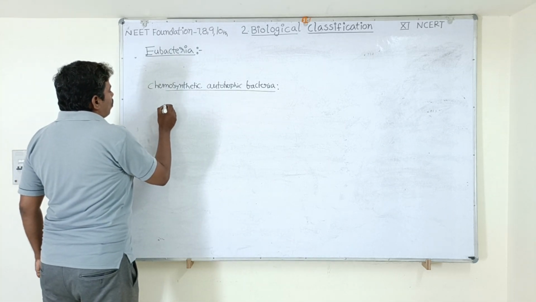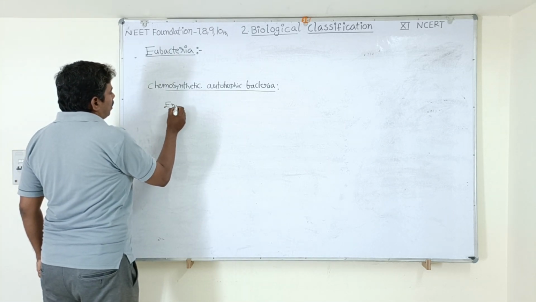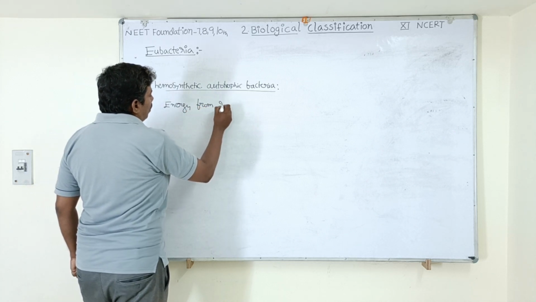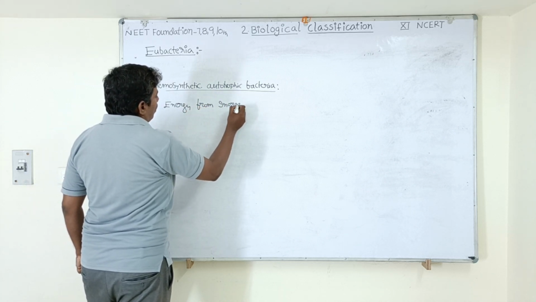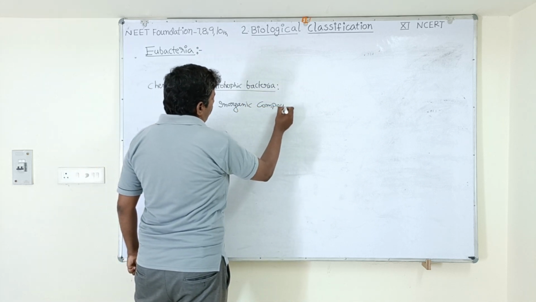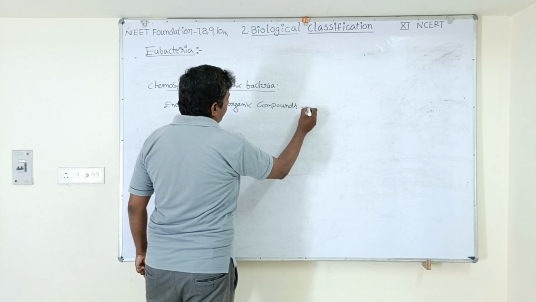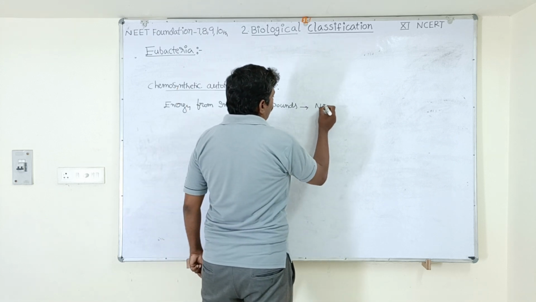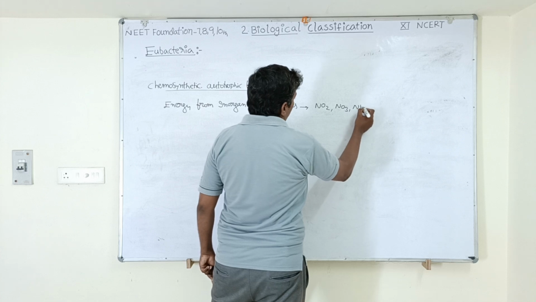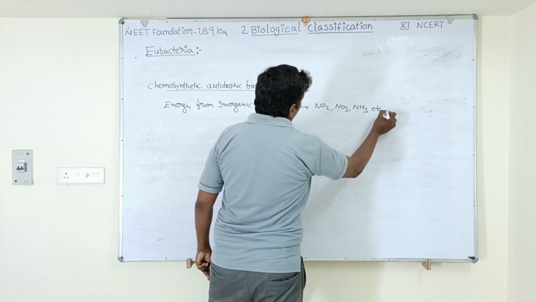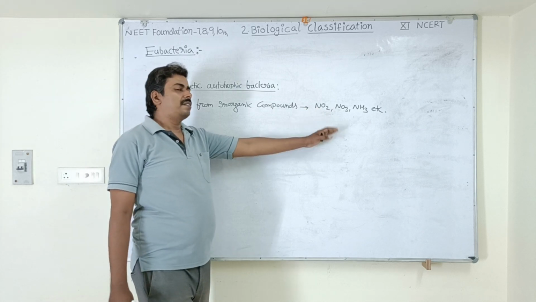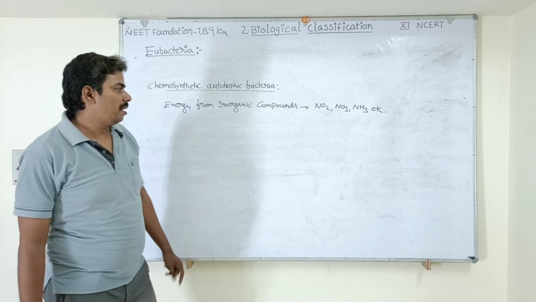These bacteria obtain energy from inorganic compounds like NO2, NO3, ammonia, etc. They use inorganic compounds like nitrate and ammonia in order to obtain energy.